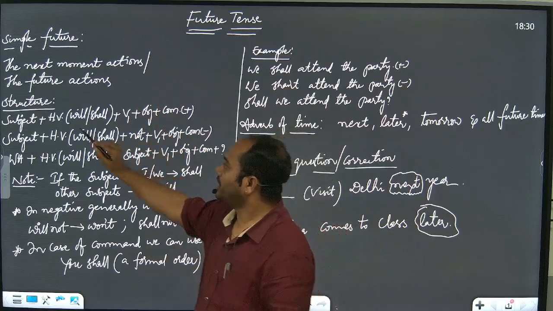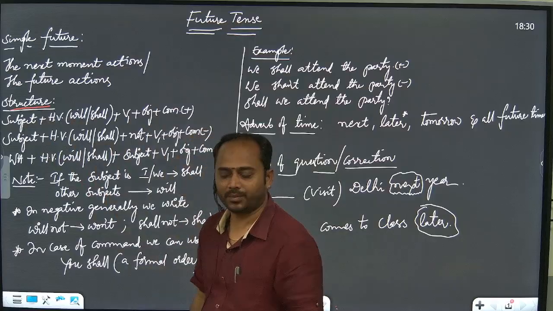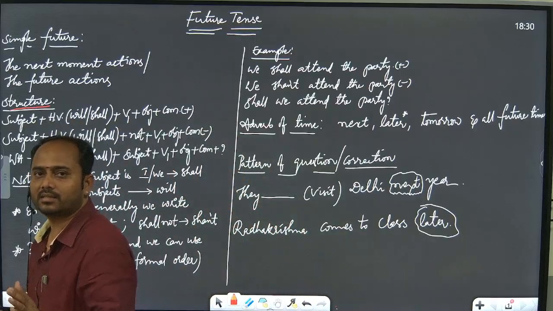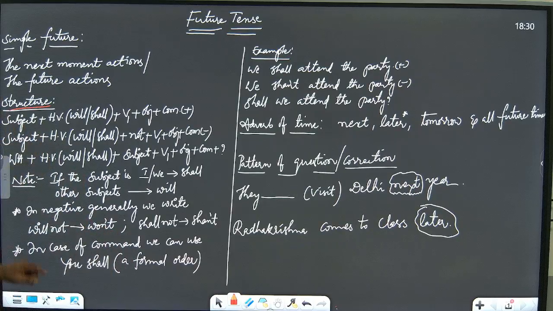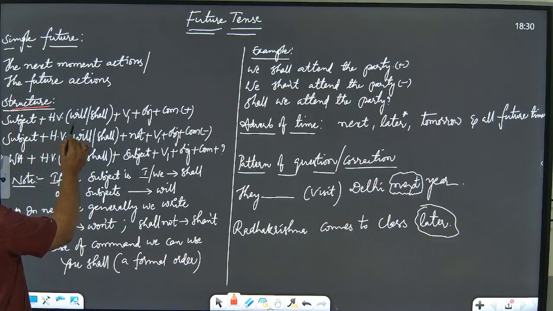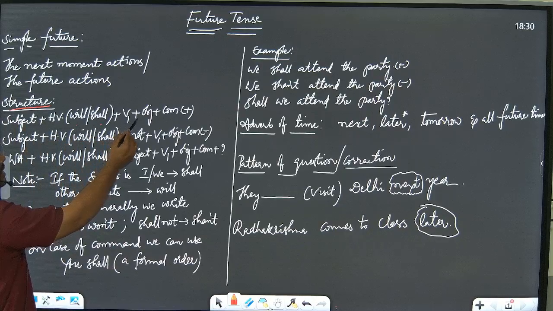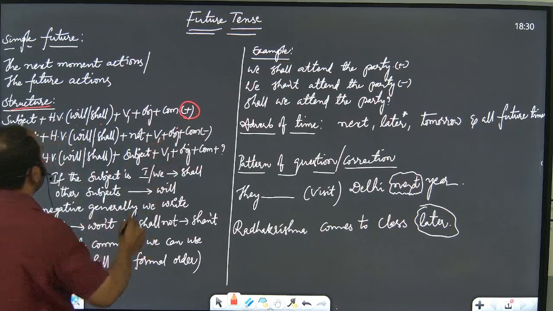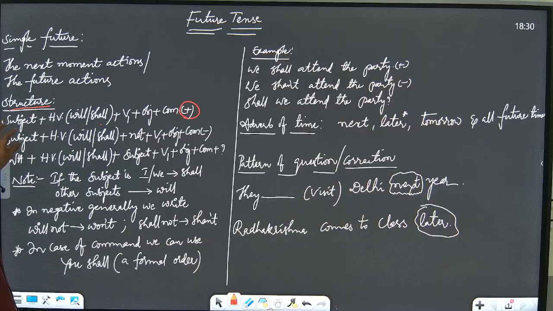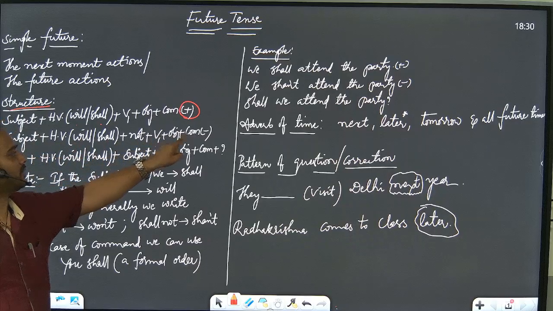Then what would be the sentence structure for the simple future? Every sentence has a proper structure. The simple future structure is subject plus helping verb will or shall plus V1 plus object plus complementary. This is a positive structure. And the negative structure is subject plus helping verb will or shall plus not plus V1 plus object plus complementary.